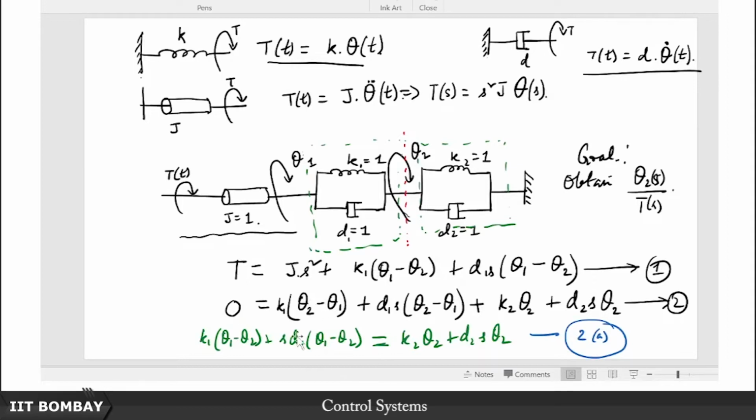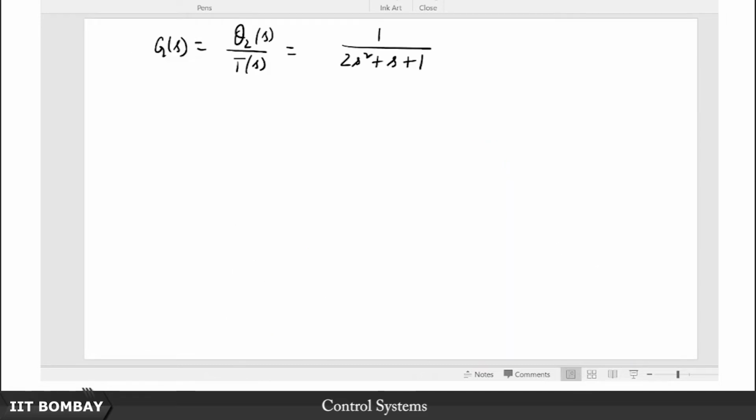So you can take all the terms related to theta 1 on one side, all the terms related to theta 2 on the other side, and get the relation between theta 1 and theta 2, and substitute for theta 1 in equation number 1. And then everything on the right hand side gets to be written in terms of theta 2 alone. So you club it together and you get the ratio of theta 2 over T. So this is going to be the transfer function.